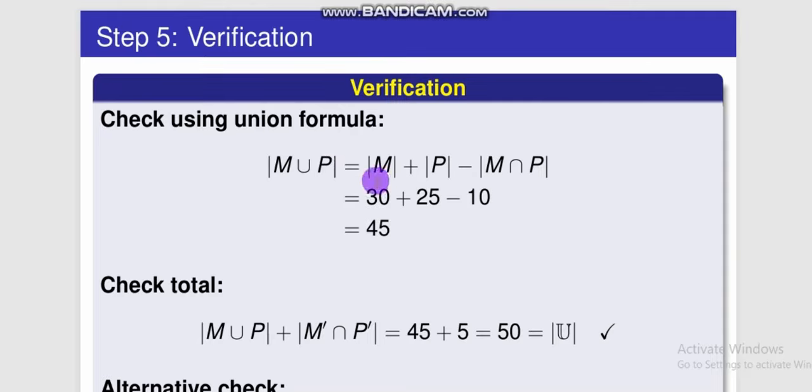So this will be mathematics plus physics minus the intersection of P and M, because as I said, this intersection is found in both. So when you add the two numbers for math and physics, you subtract the intersection, right? So when you subtract that, you have 45.